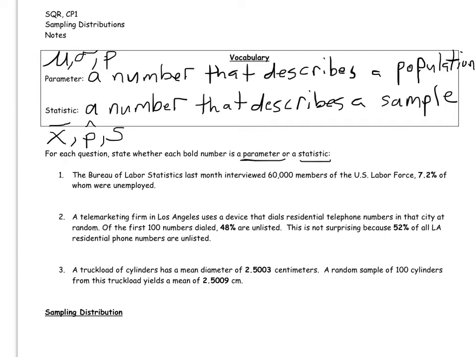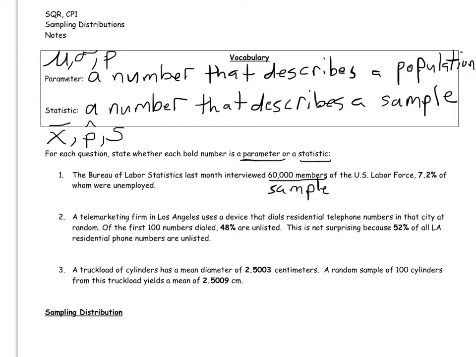So we've got to think for a second, these 60,000 people, is this every single member of the U.S. labor force? We definitely say no, because the total population of the country is probably over 300 million, and there's millions and millions of people in the labor force. So this 60,000 members is a sample.